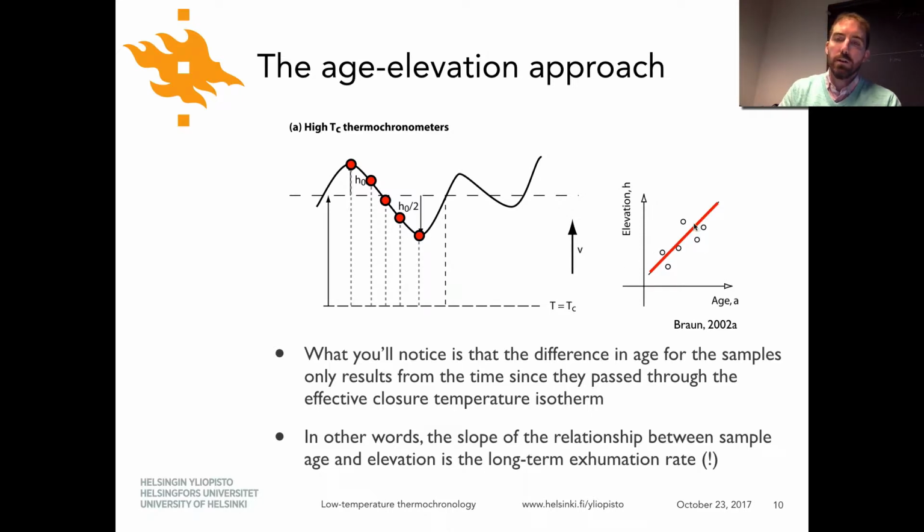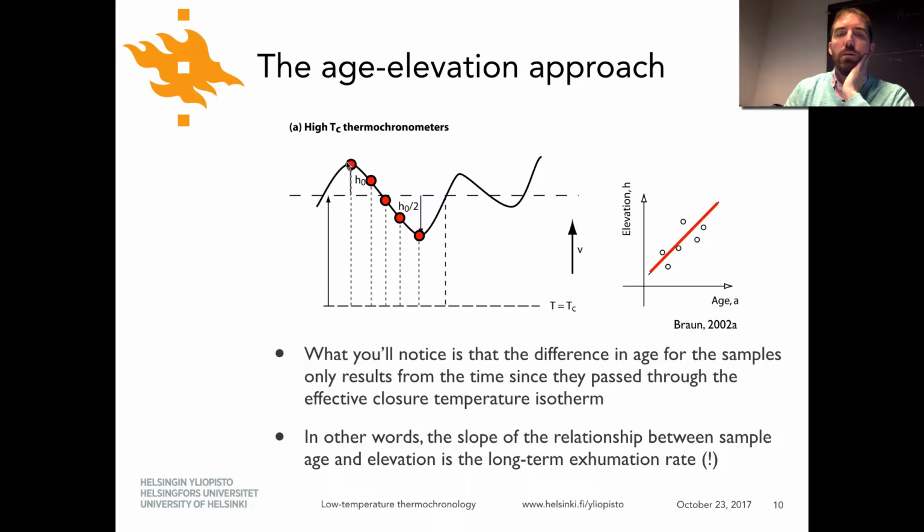And so what you see here is essentially this kind of trend where you have an increase in sample age with elevation. What's interesting about this, and maybe not something you appreciate right away, is that if you fit a line through these samples, the slope of this line is actually the rate of exhumation.